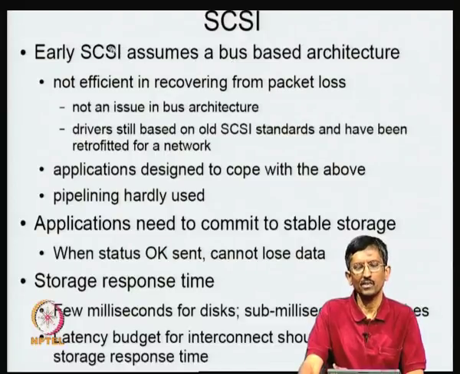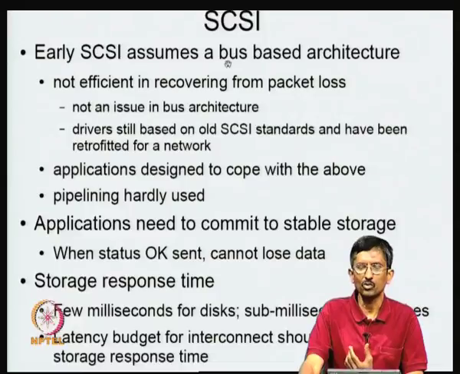So they never seriously thought about coming up with some network-based architecture, and they assumed an electrically based system, essentially a bus-based system. For example, you will have a bus on which you can put about 7 SCSI devices.